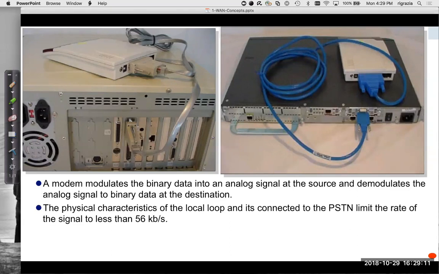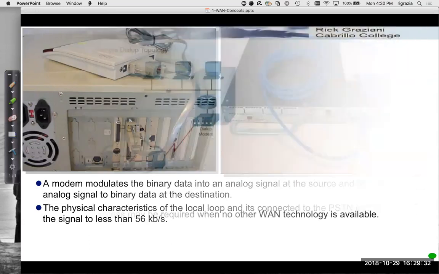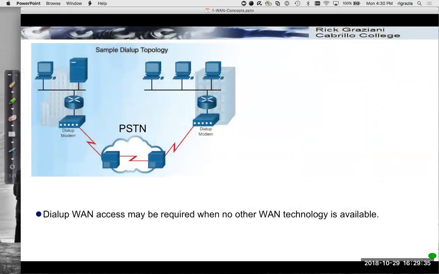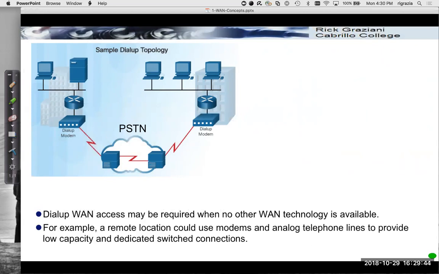As far as the bandwidth, it was relatively slow. It was a theoretical maximum of 56K, closer to 53K. We tried to do some other things to speed that up, but it was very slow, at least by today's standards. But dial-up WAN is still a possible option when no other wide area network technology is available.